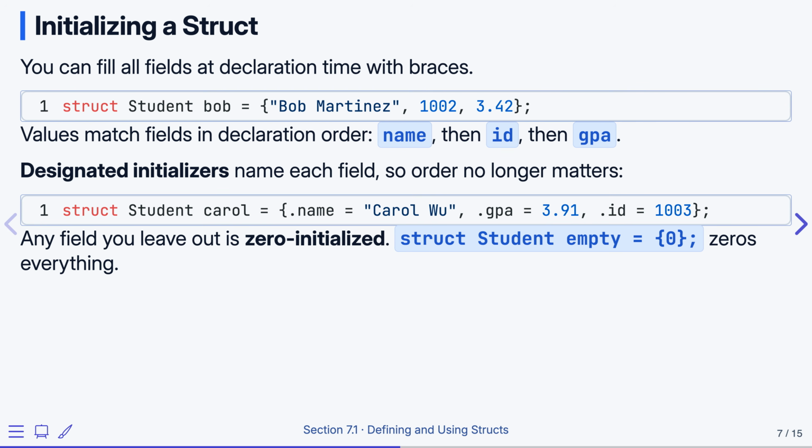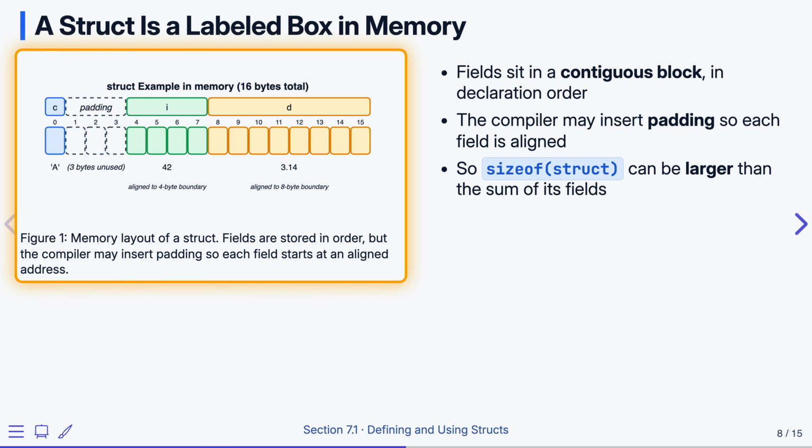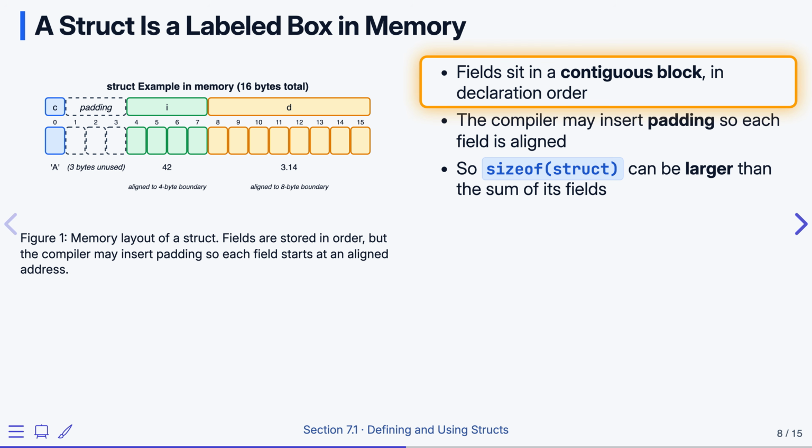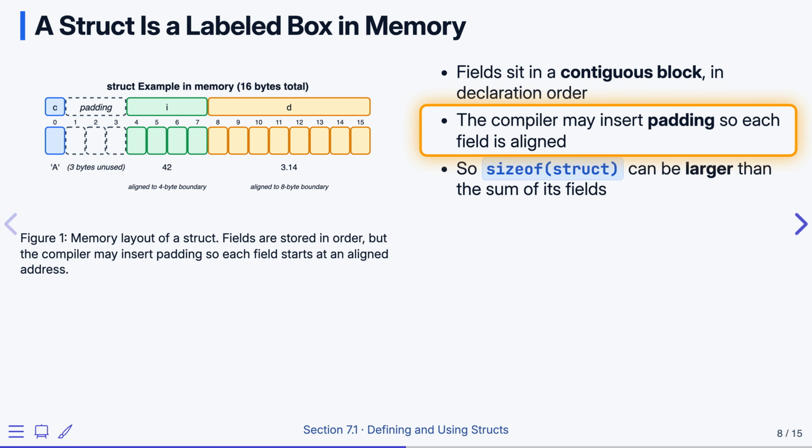Think of a struct as a labeled box with compartments. Each compartment is one field, and the whole box sits in one contiguous block of memory. This figure shows the layout for a struct with a char, an int, and a double, stored in the order you declared them. The fields sit in one contiguous block, in declaration order. But look closely.